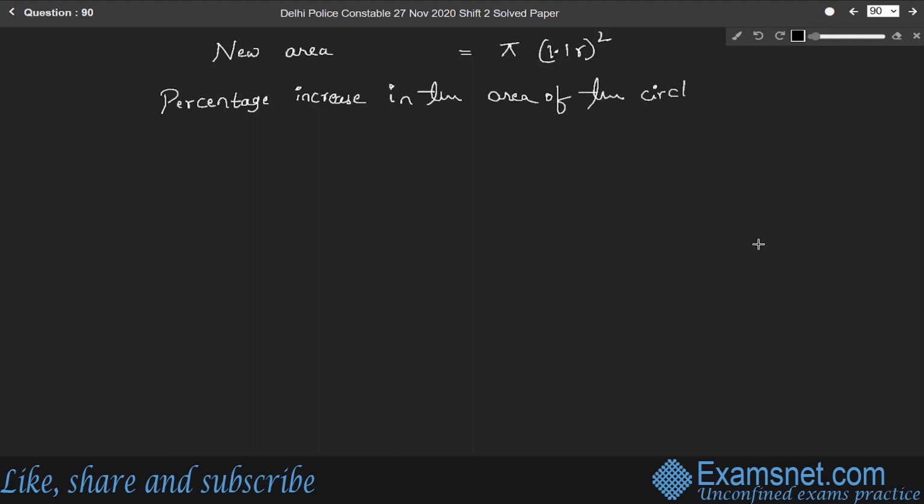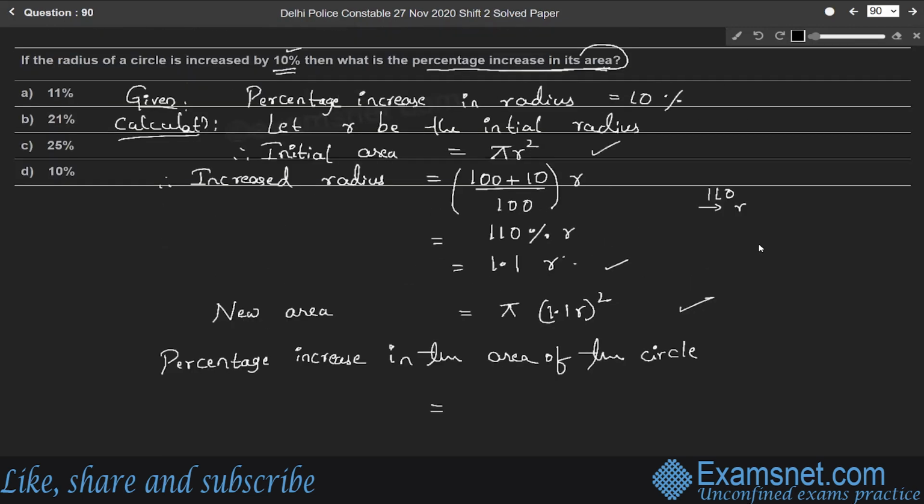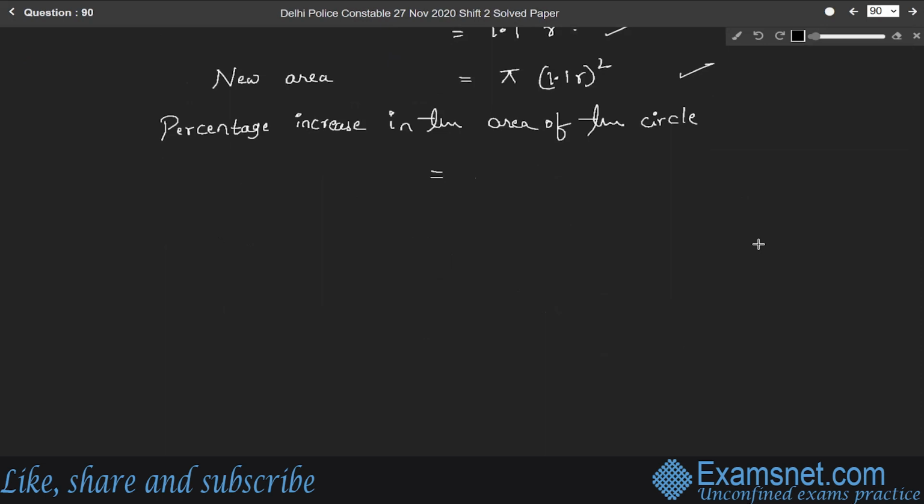Here the new area is more than the original area, the initial area. Therefore, percentage increase is equal to pi, so what is r here? 1.1 r the whole square minus pi r square, whole divided by pi r square into 100.